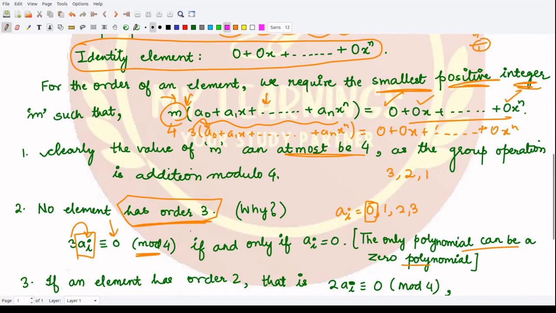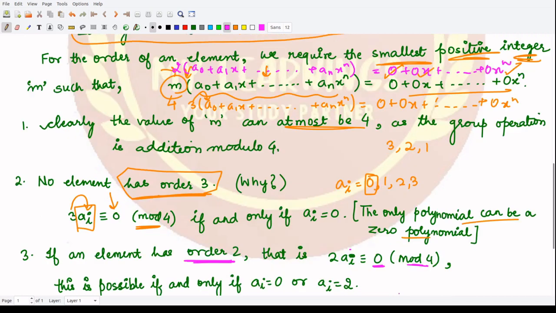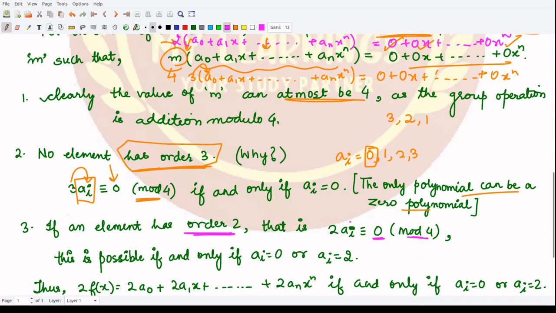If an element has order 2, it means that 2 times a0 plus a1x plus so on up to anx^n is equal to 0 plus 0x plus so on up to 0x^n. In short, 2 times ai gives the answer 0 under mod 4. This is only possible whenever ai's value is either 0 or 2.